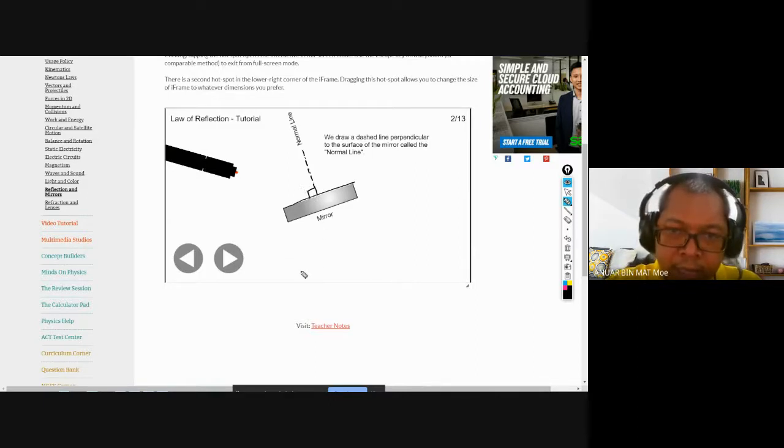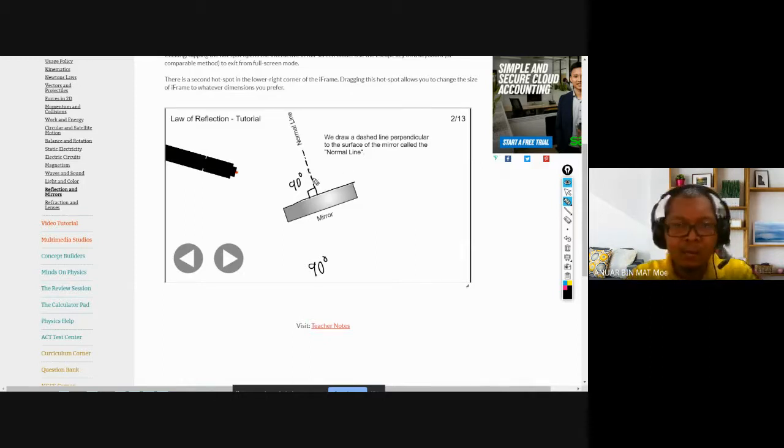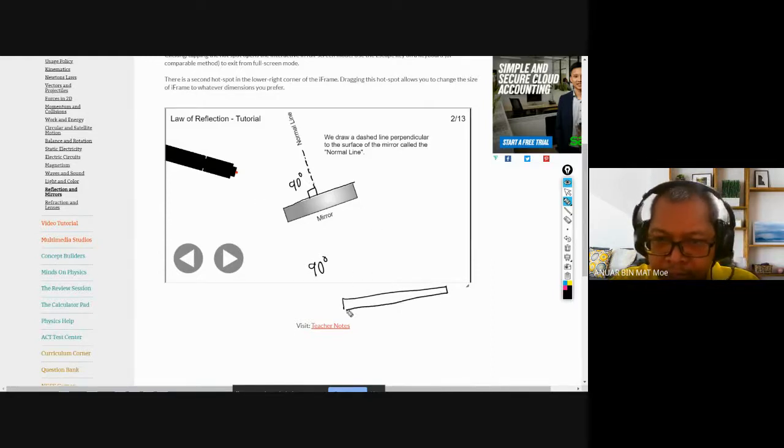So you must draw the normal line, and the normal line is a dash line. If you have a surface of a mirror, for example like this, this is what we call the normal line, the dash line, garisan putus-putus, and it is usually 90 degrees. Okay, next one.